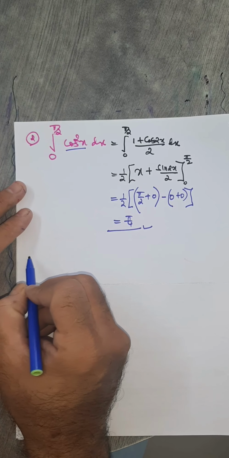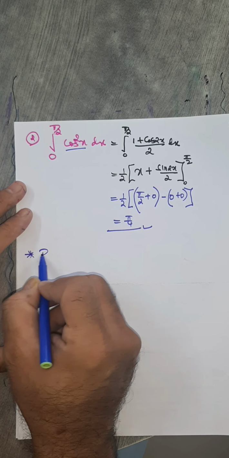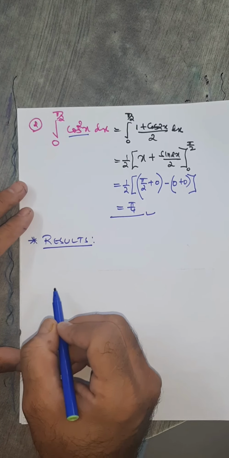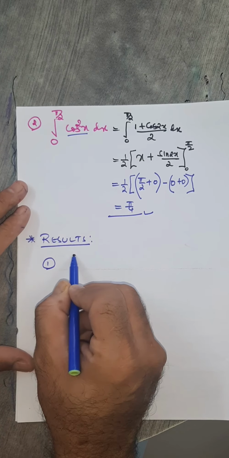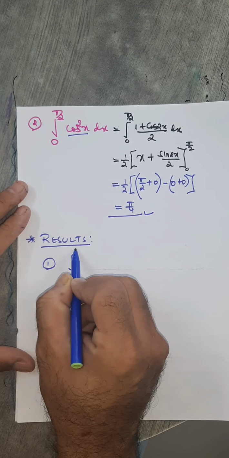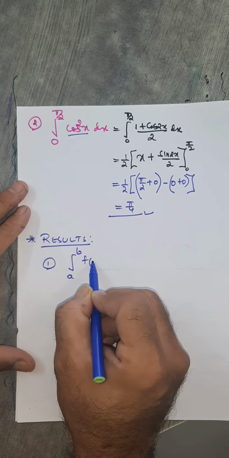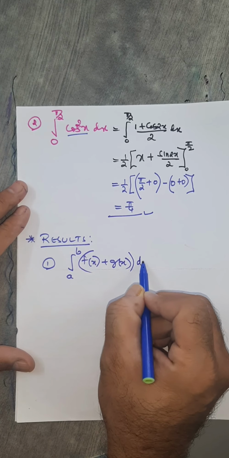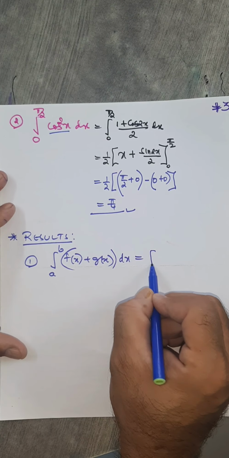Fine. Now I'll just state two results which are based on the definite integral. The one is integral a to b. If you have f(x) plus g(x), then like the indefinite integral you can do it individually.